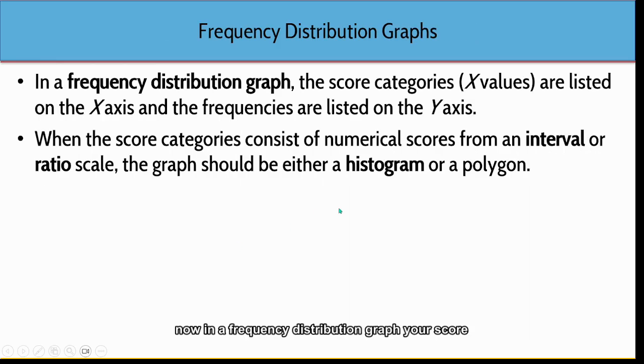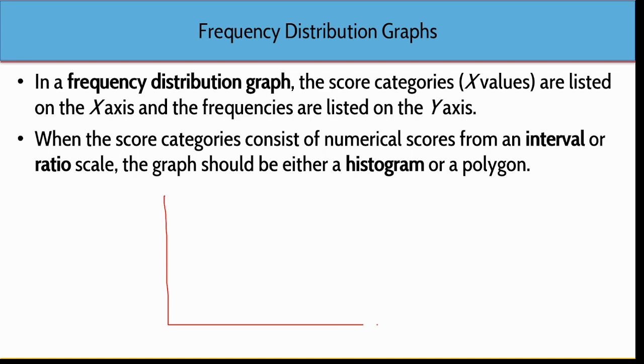Now, in a frequency distribution graph, your score categories, or your X values, are going to be listed on an X-axis, and your frequencies are going to be plotted on a Y-axis. So if I were to draw out a graph, this is my Y-axis here, and this is my X-axis here.